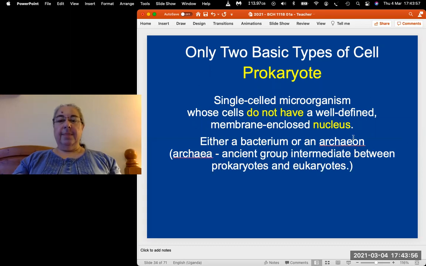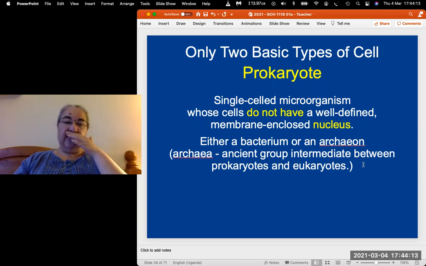A prokaryote can be either a bacteria or an archaea. Archaea is a group of life that is somehow intermediate between prokaryotes and eukaryotes, but archaeal cells also do not have a nucleus.